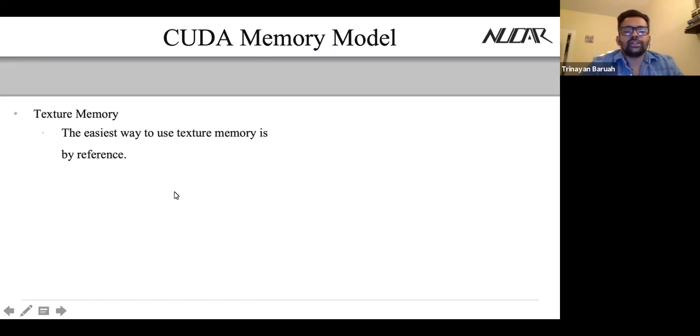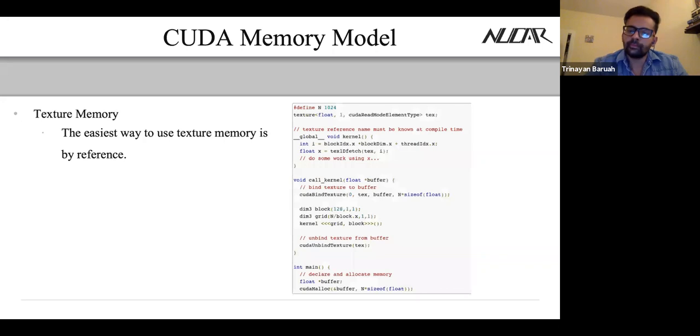So how do you use texture memory? Just like with constant memory, there's a way to reference texture memory as well. Here we are declaring this texture variable with read mode element type as a variable tex. You can see that this is a kernel that uses this.